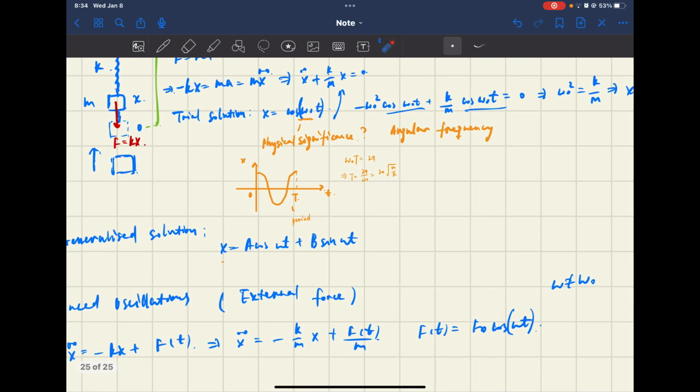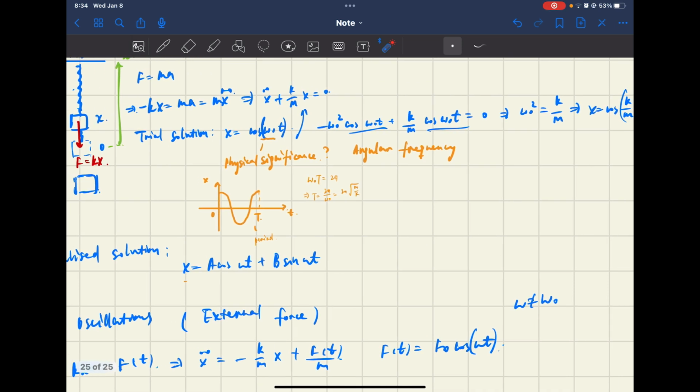However, the force is external, so the omega here has nothing to do with the system itself. These two things, the force and the system, are independent. So the frequency of the force is not always equal to the angular frequency.